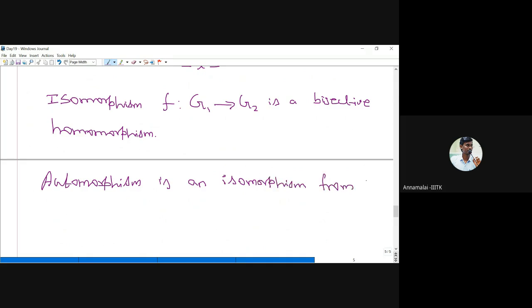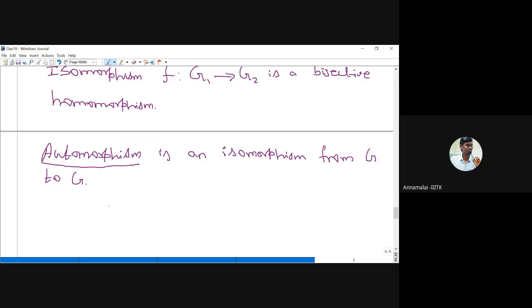It's very important. We use the notation Aut(G), which is the set of all functions f from G to G that are isomorphisms.